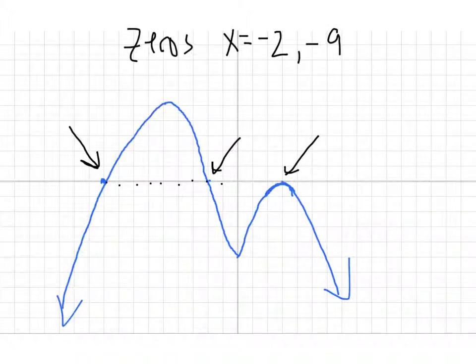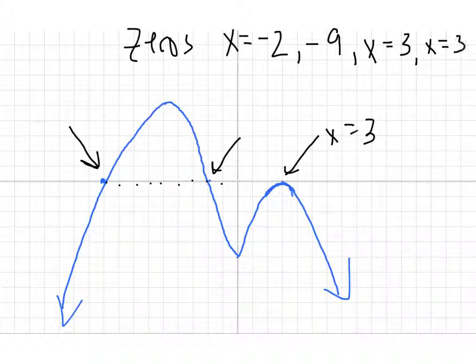And I know for sure, because this right here at x equals 3 bounces off, I know I'm going to have at least 2 at x equals 3. So without really knowing what the equation is, say at x equals negative 2, we could have one solution there, we could have 3 solutions there, we could have 5.